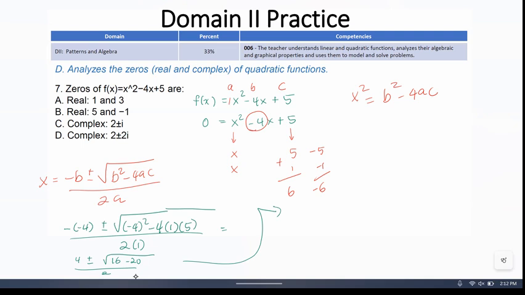So I'm going to start first with 4 over 2 plus and minus. Inside is 16 minus 20, which is negative 4, over 2. All right. So this is 2 over 2, it's 2 plus.